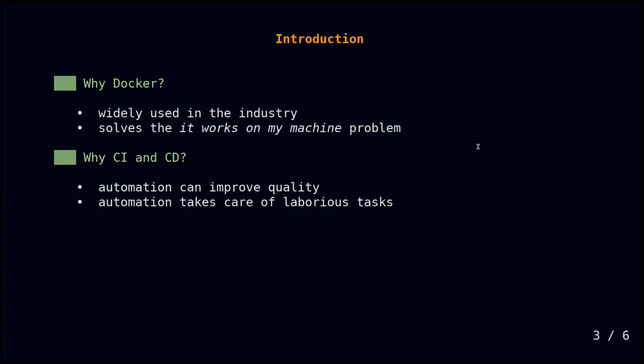It also takes care of a lot of laborious tasks, and not only does that mean that we don't have to carry them out, but we're also sure that they are going to be performed the same way every single time, and we are going to avoid making mistakes coming from manual processes.